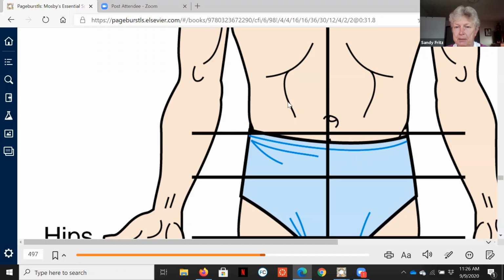So this becomes a vulnerable area where the tissues can move a little bit out of alignment, because they're a little looser here, since there's more movement here.